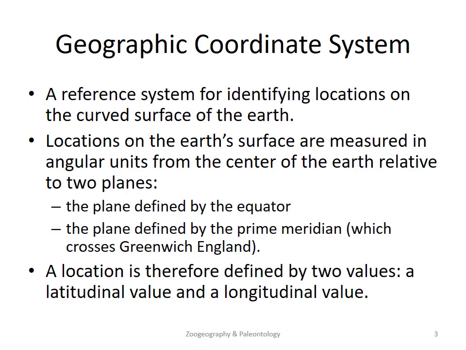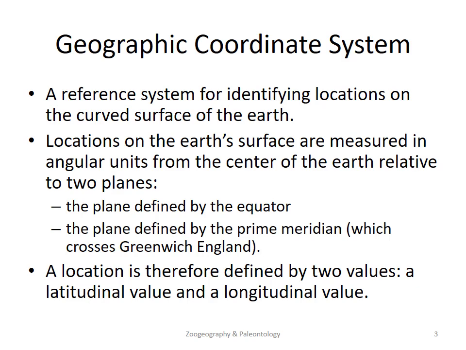A geographic coordinate system is basically a reference system for identifying locations on the curved surface of the Earth. Locations on the Earth's surface are measured in angular units from the center of the Earth relative to two planes. These planes are defined by the equator and the prime meridian.